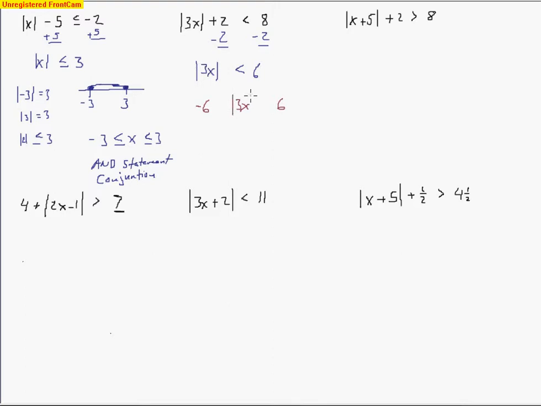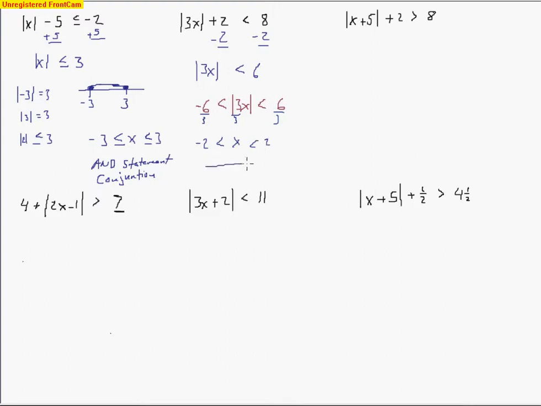We want the values to end up equaling that when we do the work inside the absolute value bars. Now notice that I'm going to have the inequalities kind of facing the same direction, but they mean something opposite. See, 3x is less than 6, but greater than negative 6. So when we go ahead and solve by dividing by 3 on all sides, I end up with this. Negative 2 is less than x, which is less than positive 2.